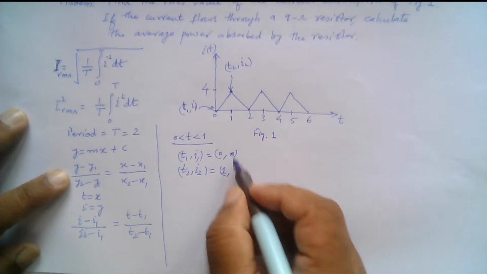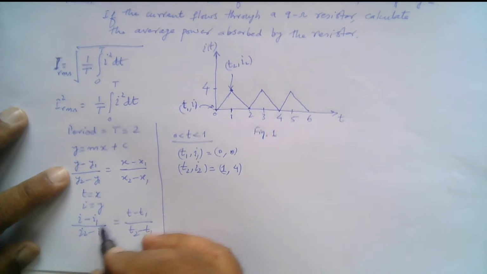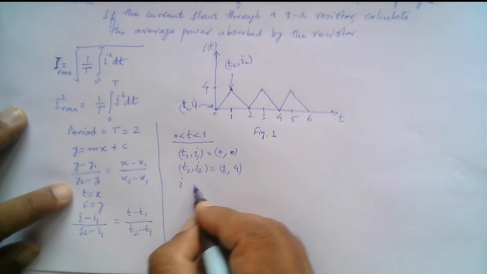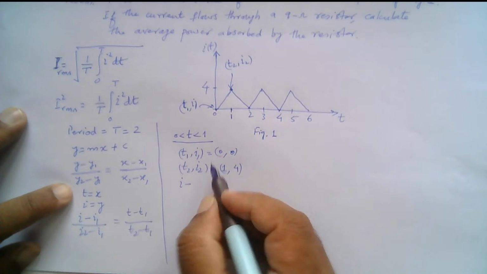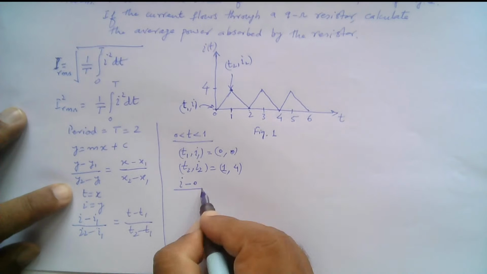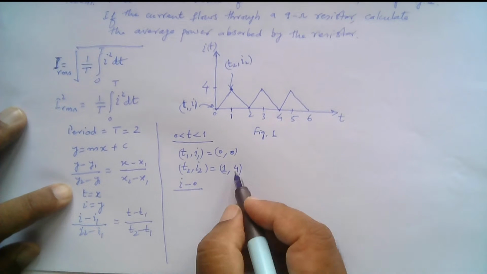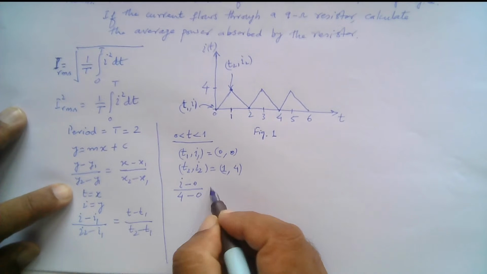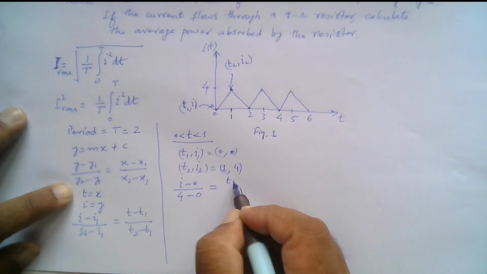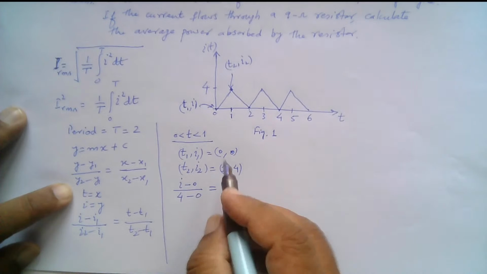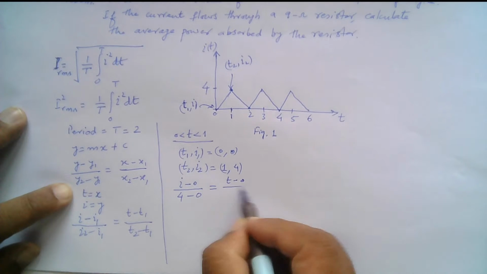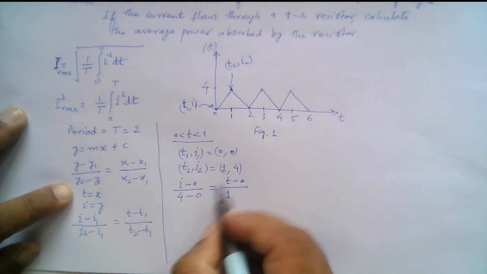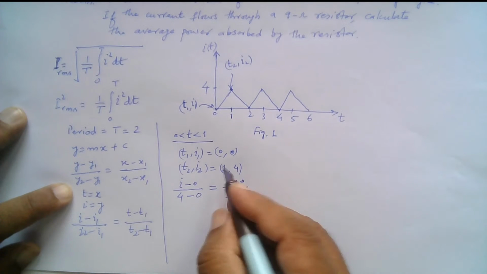So let's substitute these values in this formula. I minus I1, where I1 is 0, divided by I2, which is 4, minus I1, which is 0, is equal to T minus T1, where T1 is 0, divided by T2, which is 1, minus T1, which is again 0.